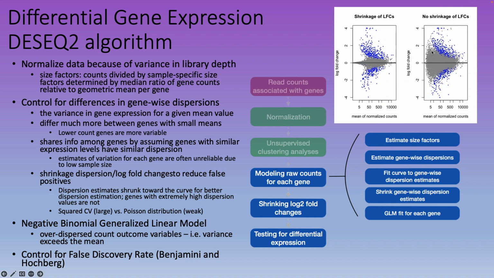And if you don't do that sort of shrinkage process, you end up with a lot more noise in our data set. Whereas if we're able to do that shrinkage, it allows us to have a much clearer interpretation of what's going on in our data set.